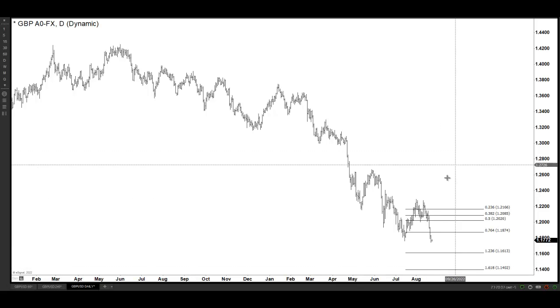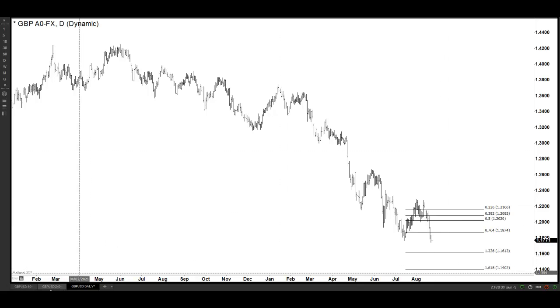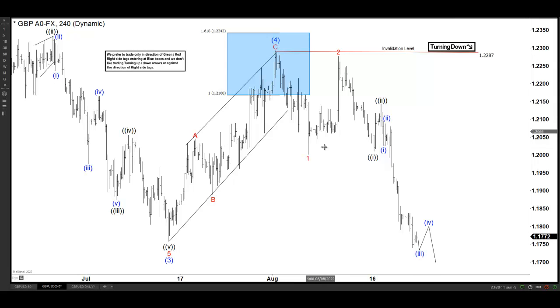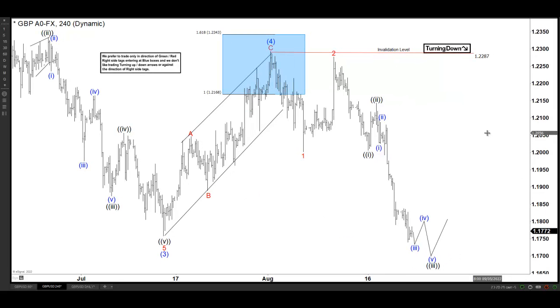So I'm expecting the pound to extend lower within this in a series of 4 and 5, something of this nature, like this.